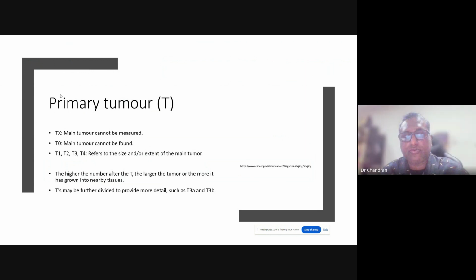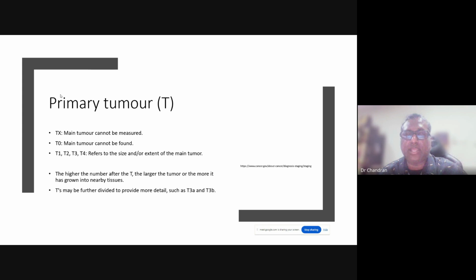Primary tumor means where the original cancer is, and how big the original cancer is. Why is it important for us to look at the primary tumor, especially with the TNM stages? Remember, M stands for metastasis. That means it is a different organ, but not where the disease started.